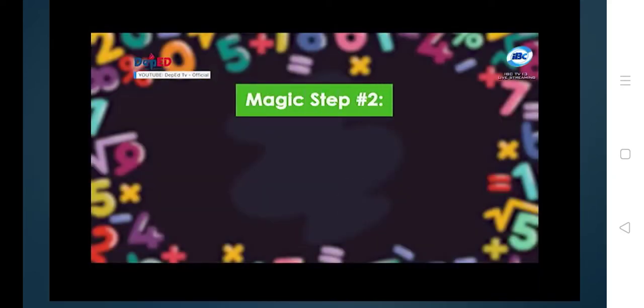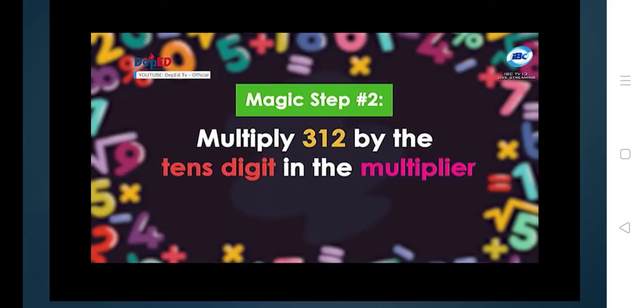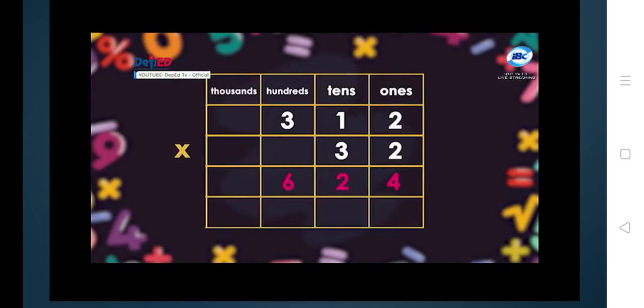Magic step number 2. Multiply 312 by the tens digit in the multiplier. Multiply 3 tens by 2 ones and it is equal to 60. And because 3 is in tens place, we will write 6 to the tens place, then write 0 on the ones place. 3 tens times 1 tens is 300.